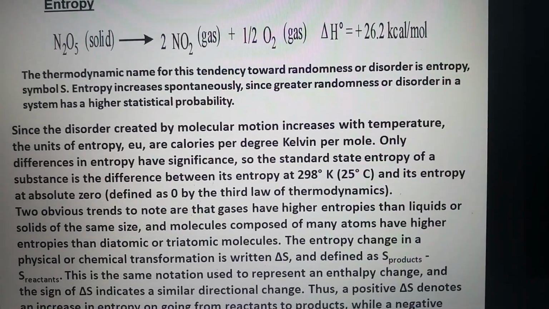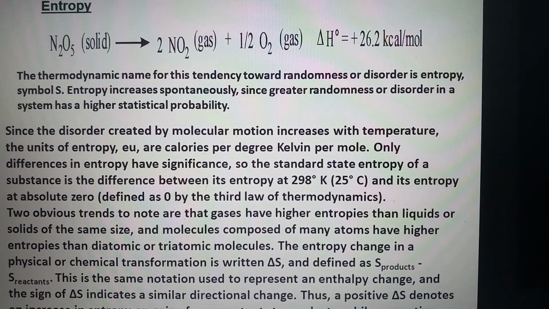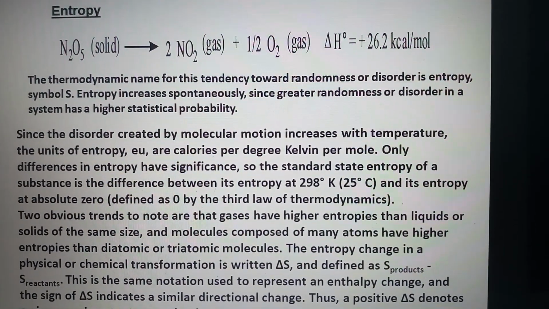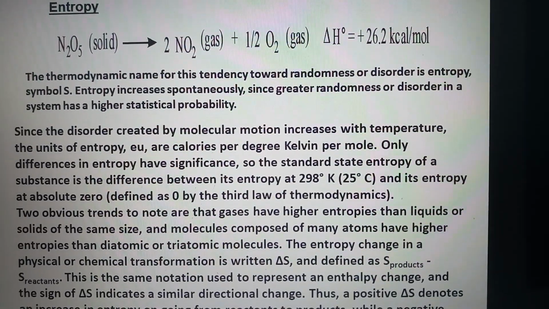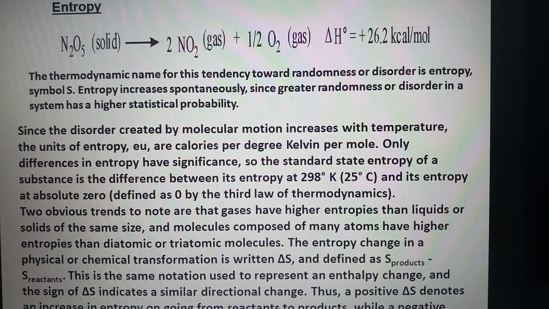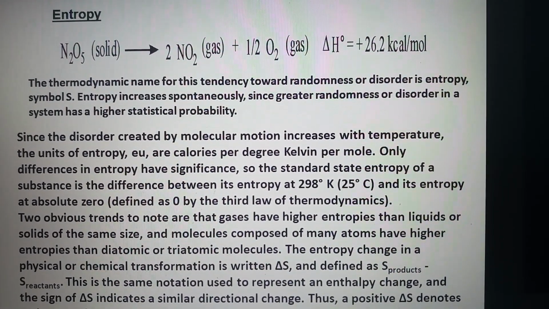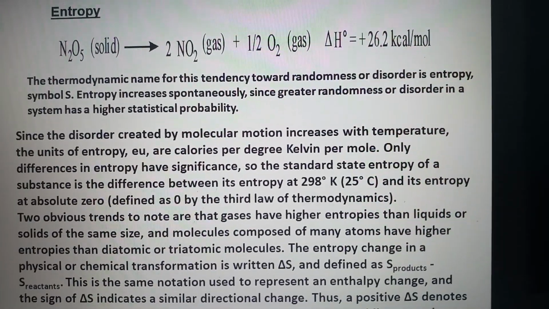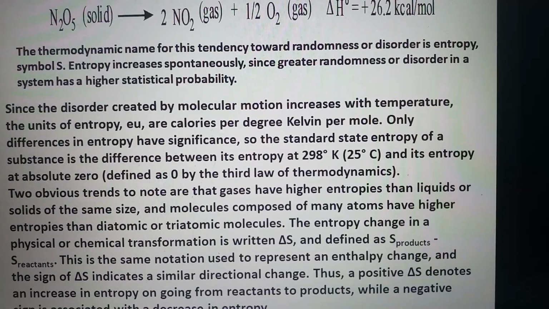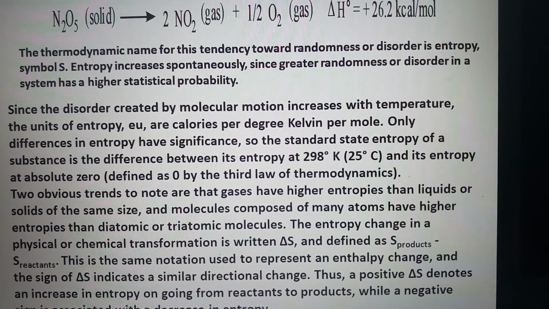Two obvious trends to note are that gases have higher entropies than liquids or solids of the same size, and molecules composed of many atoms have higher entropies than diatomic or triatomic molecules. The entropy change in a physical or chemical transformation is written as delta S and defined as S products minus S reactants.